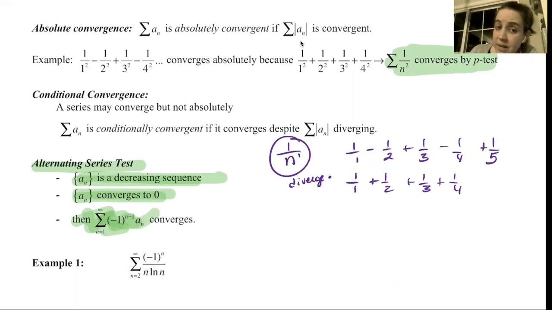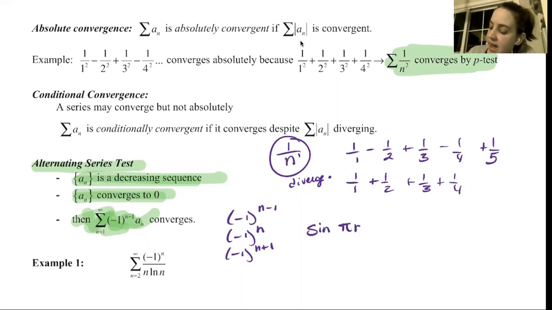Now, a couple ways to write alternating. You can have (-1) to the n minus 1, which they've listed here. You can have (-1) to the n, also fine. You can have (-1) to the n plus 1. And then this one's a little different. I've seen sine of pi n. I have to think about that for a second. Sine of 0 is 0. Sine of 1 pi is 0.